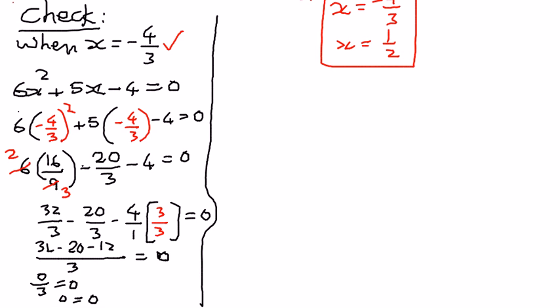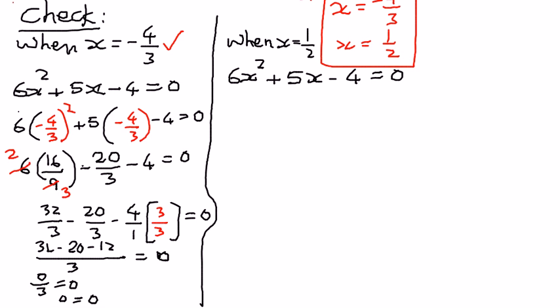The second equation we have is this. I'm going to write here when x is equal to positive half, the given expression we have is 6x squared plus 5x minus 4 is equal to 0.